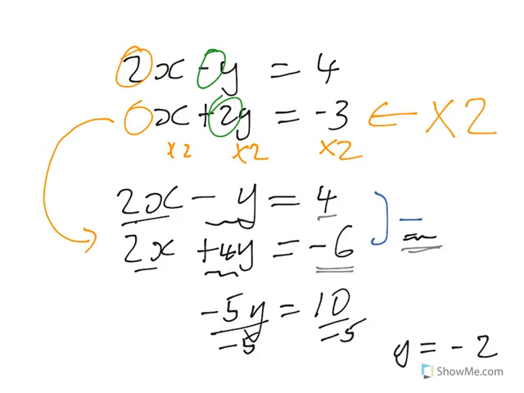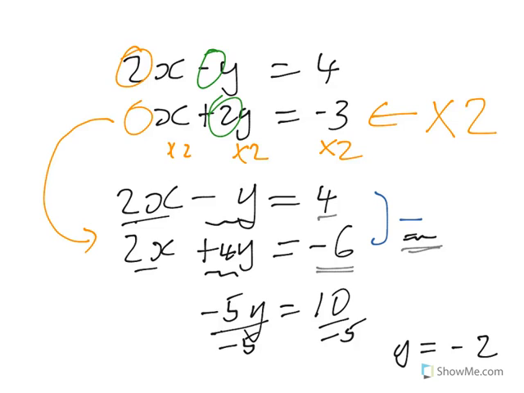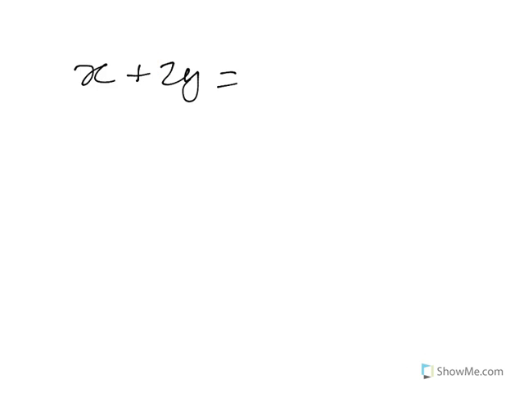Now we need to find what x is. We know the y value, so to find the x value we substitute it into any one of these equations. The one I'm going to use is x plus 2y equals negative 3, now I've got that right. And y, of course, was equal to negative 2.